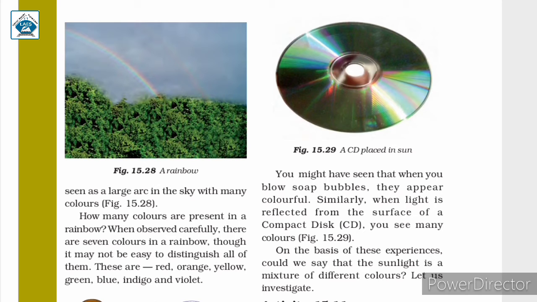In a similar manner, when light is reflected from the surface of a compact disc, that is, when a CD is placed in the sun, many colors can be seen. Here also from the figure, it is clear that many colors are seen. That is, there is a shining surface on the CD when it is kept in the sunlight.